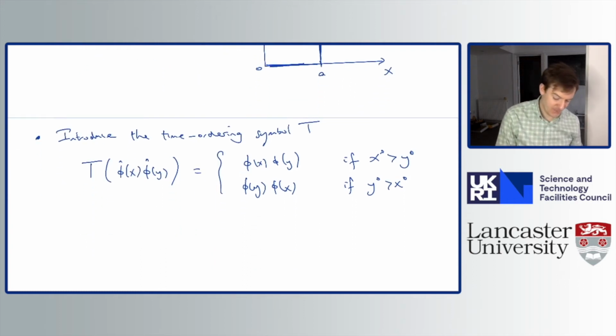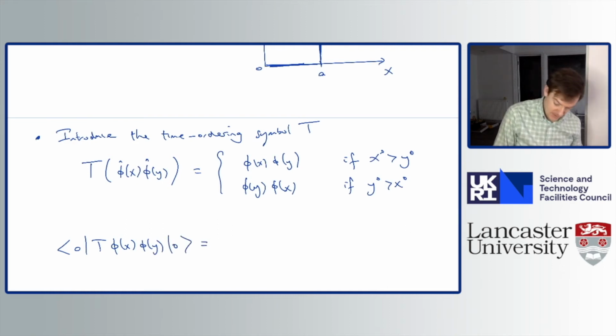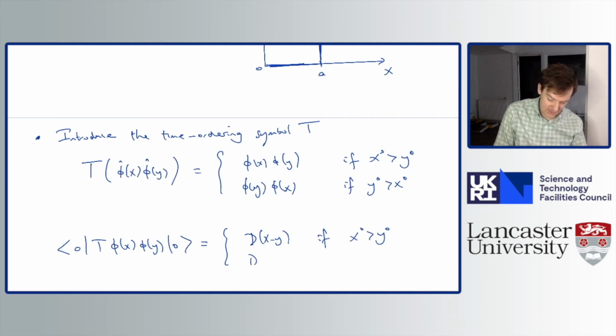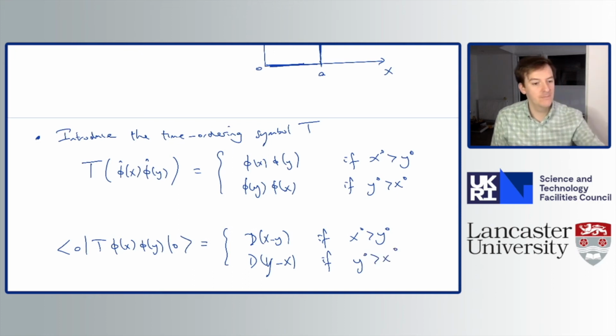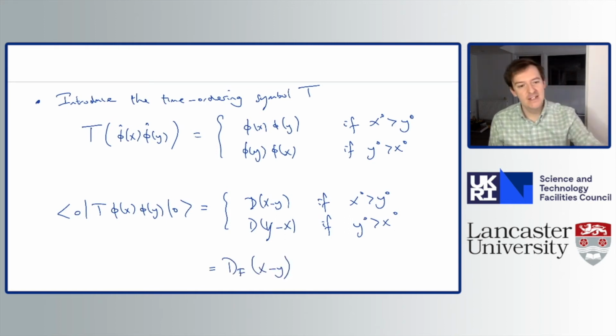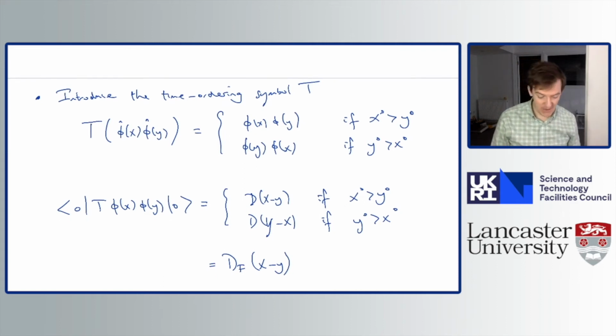In other words, this combination <0|T φ(x)φ(y)|0> is D(x minus y) if x naught is greater than y naught, and D(y minus x) if y naught is greater than x naught, which is of course precisely what we called the Feynman propagator. So this is another way of writing the Feynman propagator.